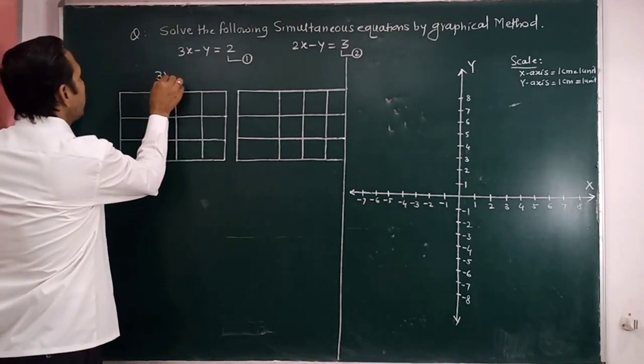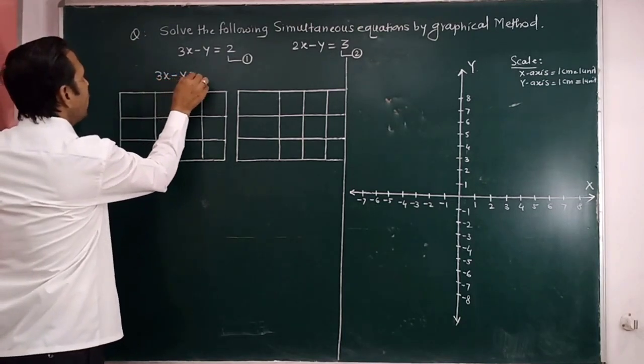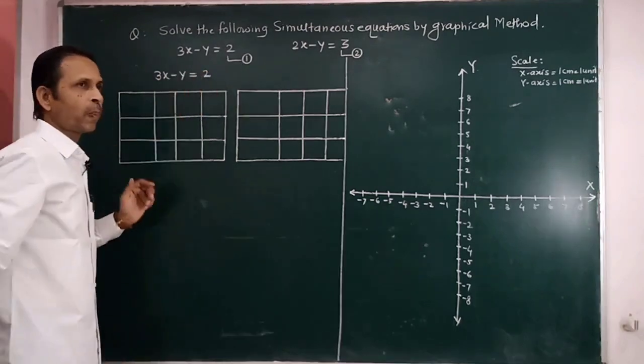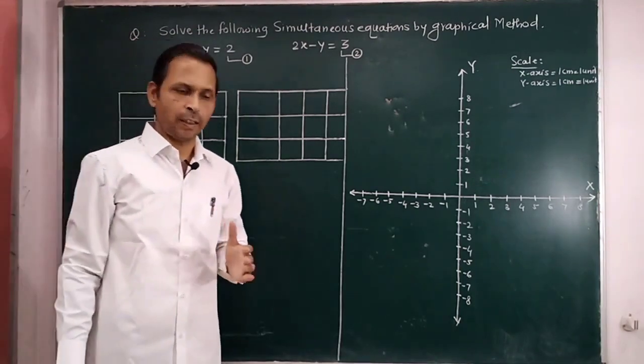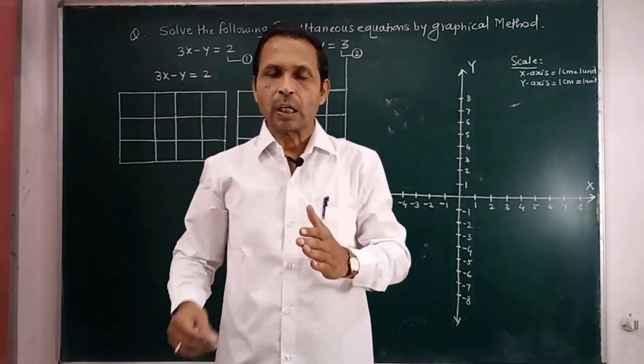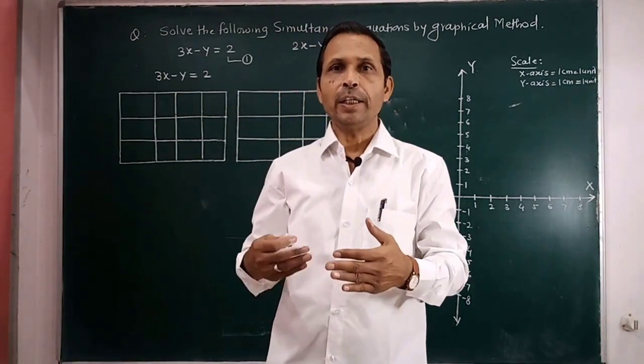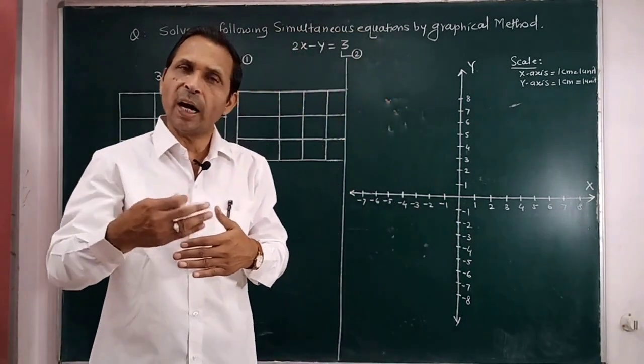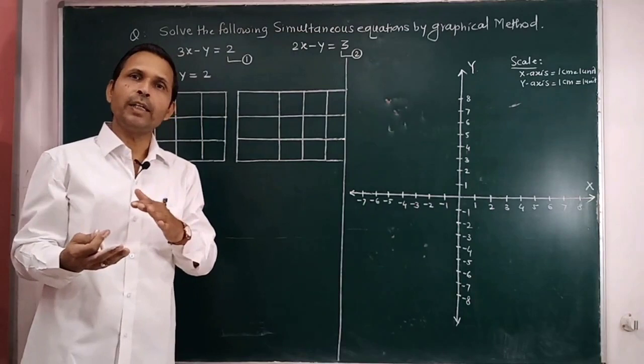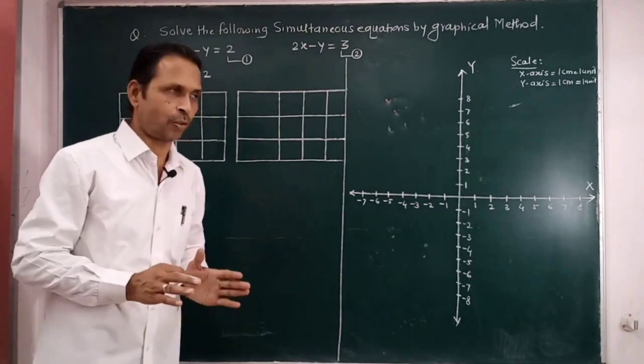The equation is given: 3x minus y is equal to 2. For simplicity, we have to convert this equation into the form y is equal to, or x is equal to.